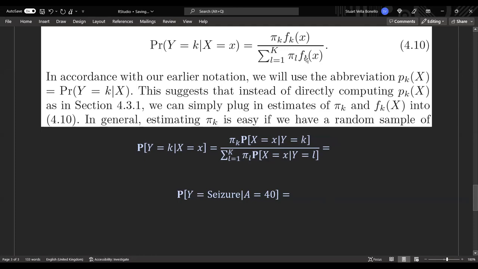Now, L is just a dummy variable, it doesn't mean anything, but it runs through all the classes.